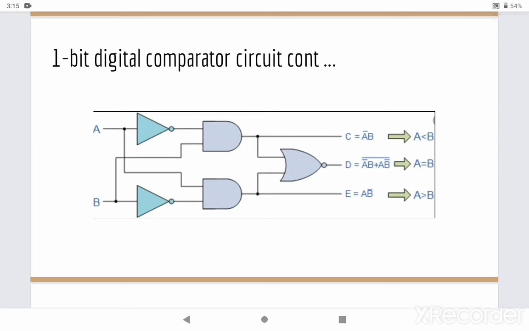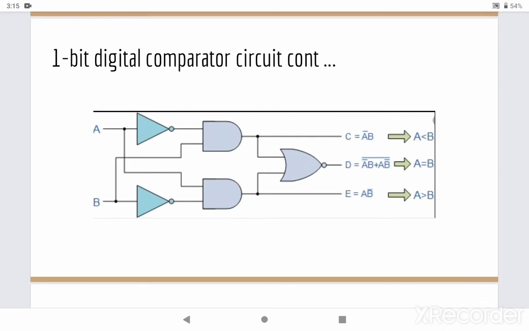We are passing our data through our NOT gate. Then it is passing through our AND gate. Then we are passing it through our NOR gate. Then we are getting the outputs like C will be A complement B. NOT means complement.